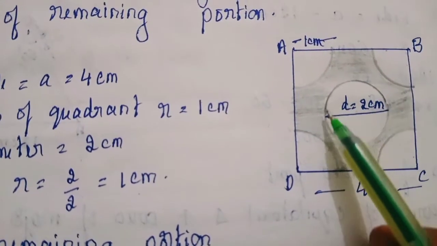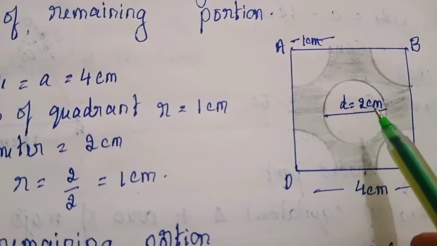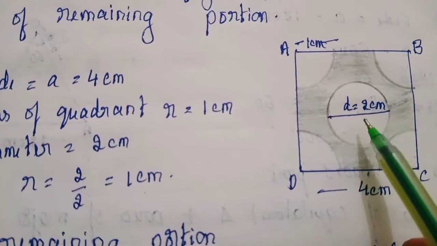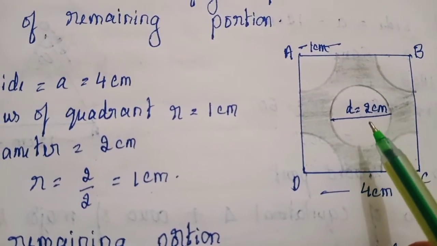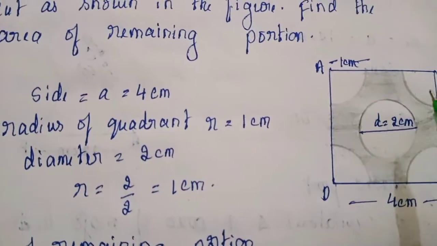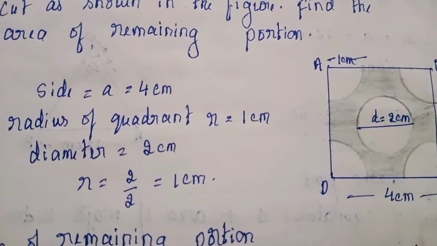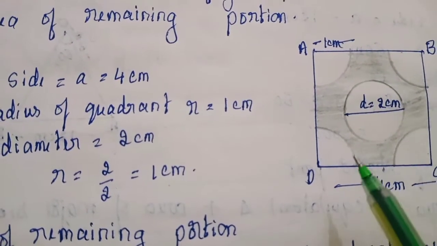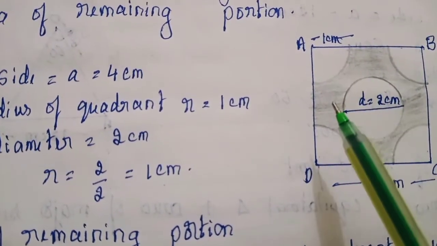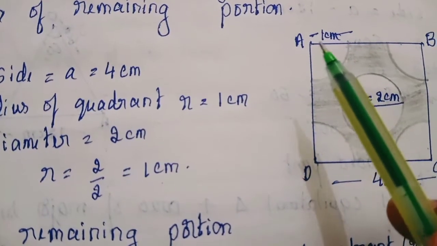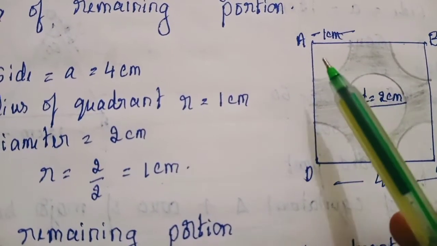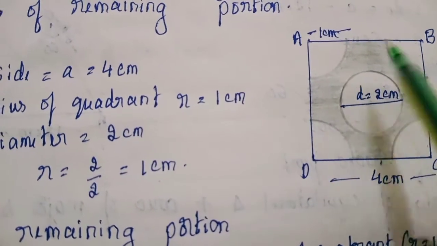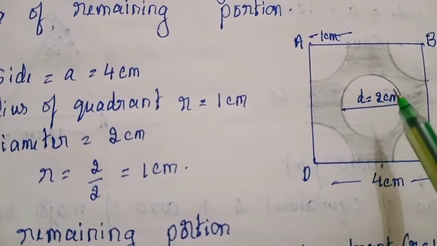And this circle is also removed, whose diameter is 2 cm. If the diameter is 2 cm, the radius will become 1 cm. Now, he is asking to find the shaded portion. So just look at the diagram and tell what to remove from the square. To get the shaded part, I have to take the area of the square minus 4 quadrants, minus 1 circle.